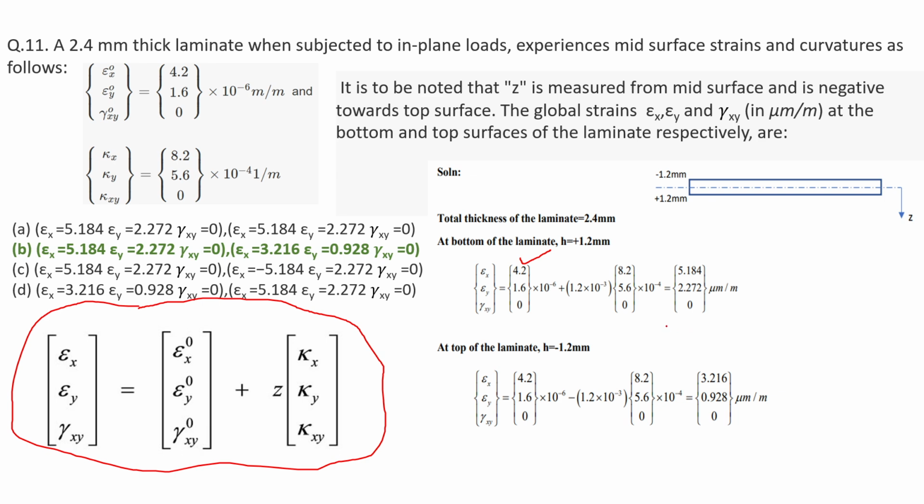So you will get the strain at the bottom. At the top of the laminate, here again you take the h value as negative and you will get the global strain on the top surface. From that you can choose which option is correct. Option B is the correct one, which gives both of these values. So you get the strain at the top and bottom of this laminate.